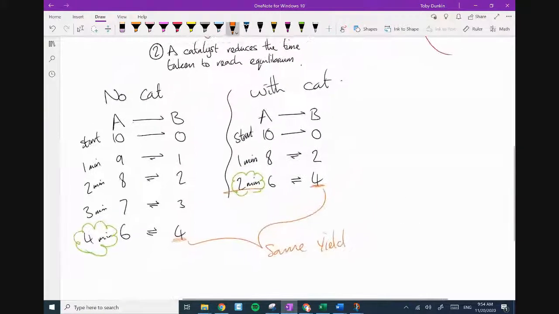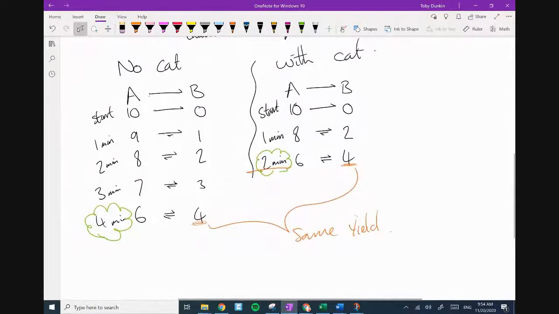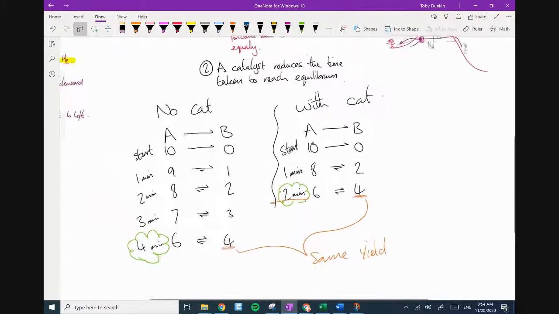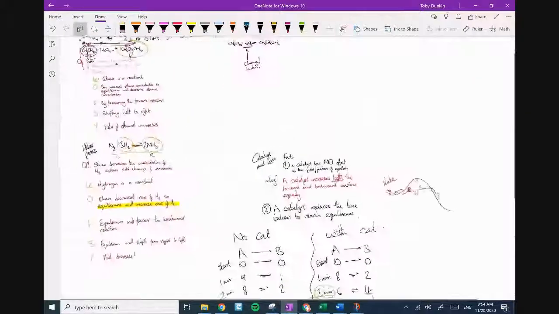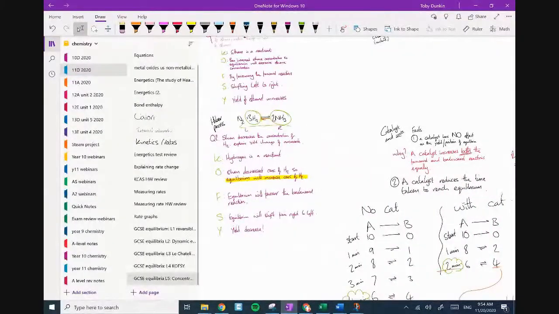So now I take out that 4 and start again and make another 4 in 2 minutes. Overall, with a catalyst, I'll make twice as much because I will run the process twice in the same amount of time. And that brings me to the end of my lesson for today.